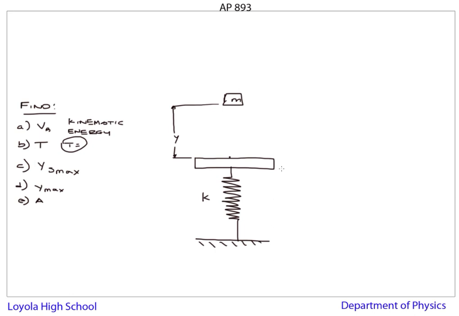So the key point of this problem is to recall that there's a 0 point where the spring is uncompressed, and that there's an equilibrium point, or I'll call it the EQ point, or the reference point, where the oscillations occur about. So going back, if you were to just set the mass on the spring, it would come to a point here, the EQ line, where it would reach equilibrium, where basically the force due to the weight and the force of the spring would be equal and opposite, and it would come to rest at this point.